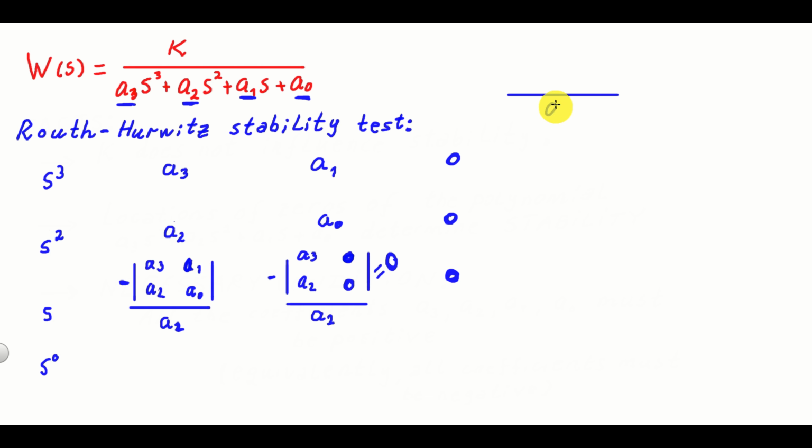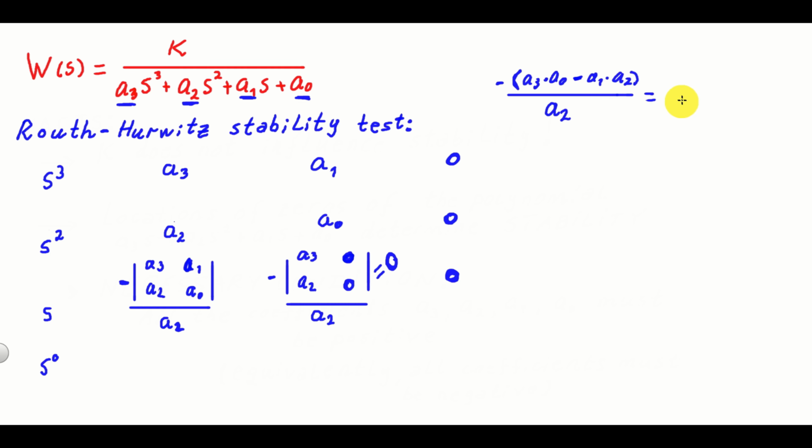In the denominator, I will have simply A2. In the numerator, I will have minus, and if we evaluate this determinant, we will have A3 multiplying A0 minus A1 multiplying A2.